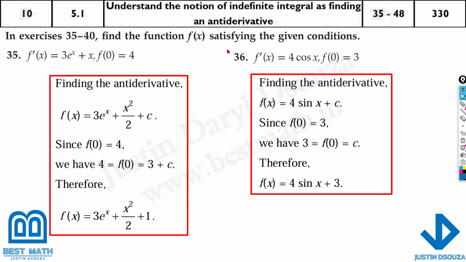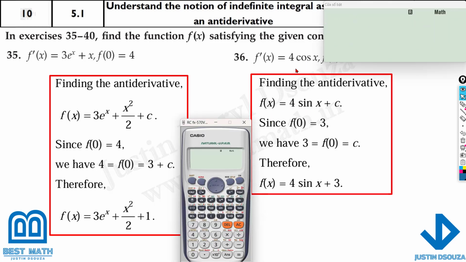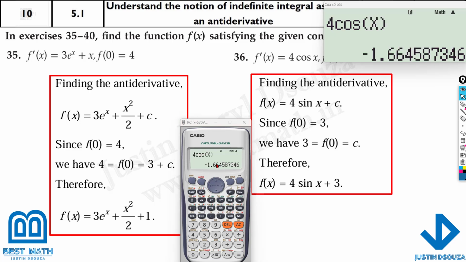So here, let's take our calculators. First thing, I'll just type the given question over here. That is 4 cosine x, no need of shift or anything, just cosine x. That's it. Now what is the value if we calculate it at 2? Is this correct? Yes, because it's already in radian mode.